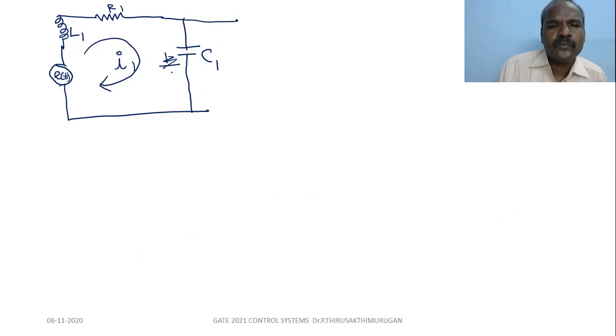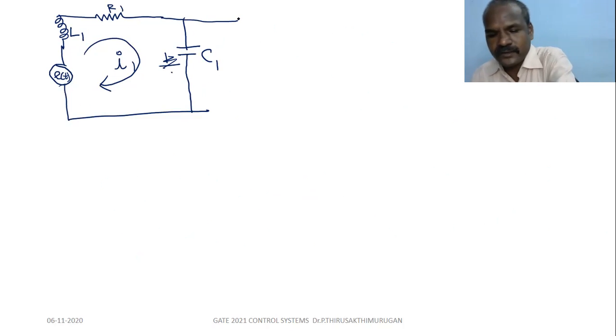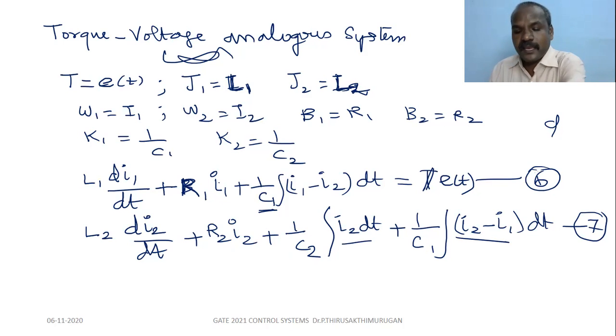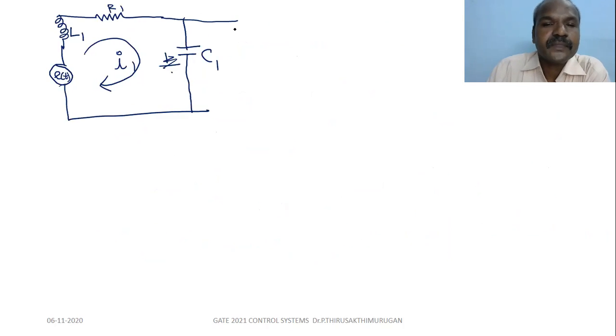In the second loop, what are the components? L2, one inductance in series with the resistance and capacitance, and the capacitance between the two currents. So purely one capacitor is in series with I2. So here one more inductance, one resistance, one capacitance.